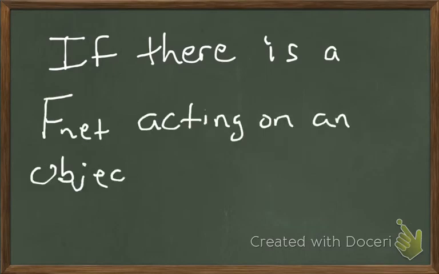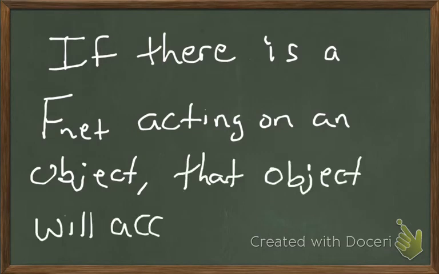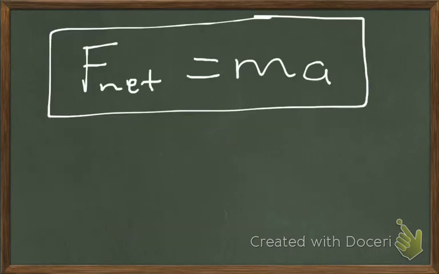So here's the grand idea. If there is a net force acting on an object, so if it's not 0, everything doesn't cancel, then that object will accelerate in the same direction as the net force. And this is what it will equal. This is our equation we're going to use a lot with this unit.